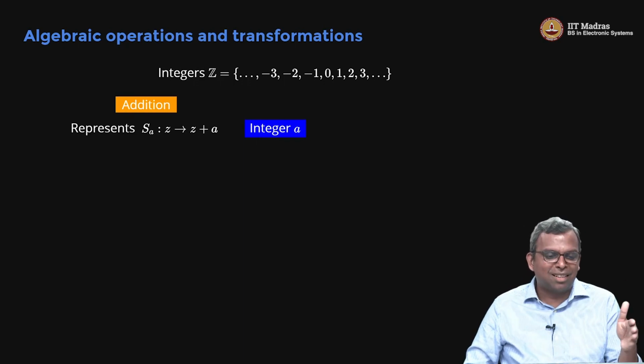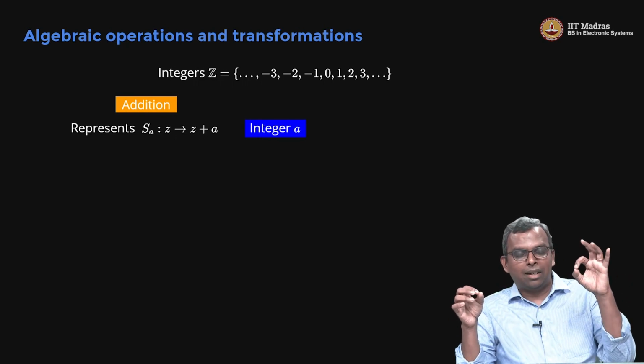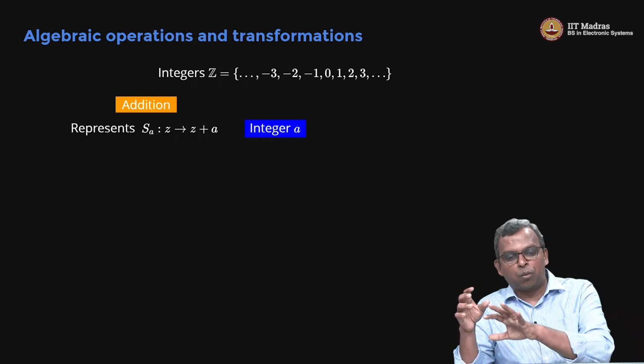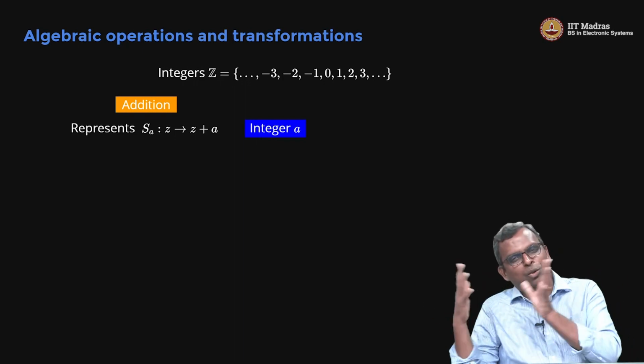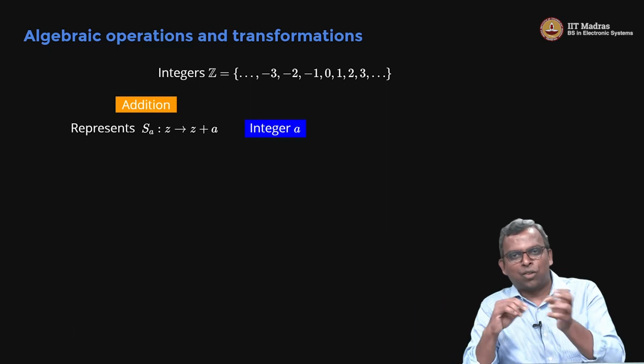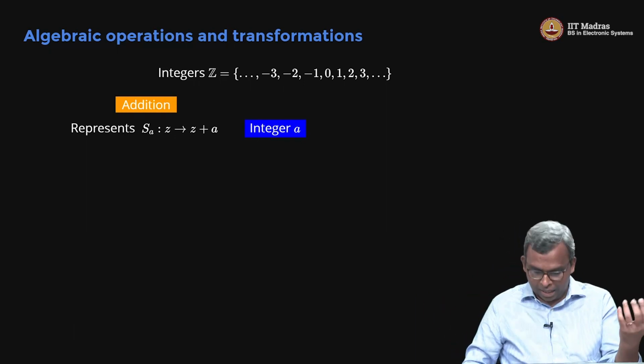Okay, so here is a transformation S_a, which is basically going to take any integer z to z plus a. Okay, so if you do z to z plus a for any integer, you will go to another integer, but this is like a transformation. So this integer a defines an additive transformation under addition.